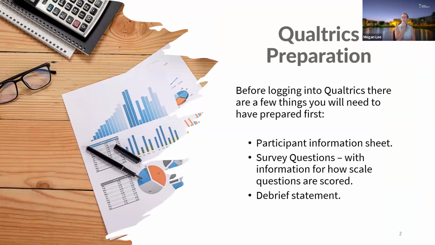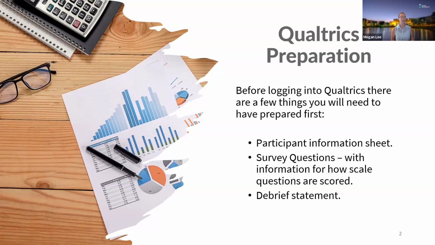So before we even look at logging into Qualtrics, there are things that you need to have prepared before you build your survey. The 3 main things that you need to have prepared, and you should have these for your ethics application. And quite often in your ethics application, you also need to include the Qualtrics survey or the survey questions that will be in Qualtrics at least.